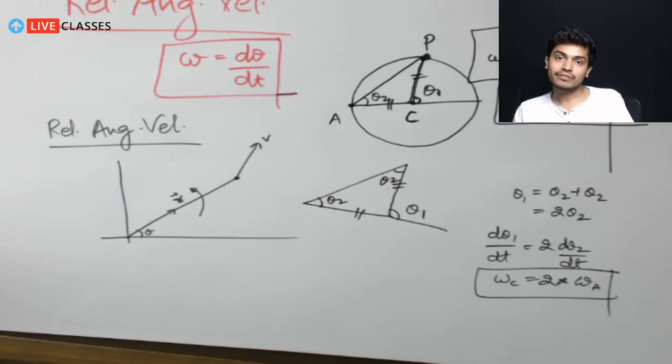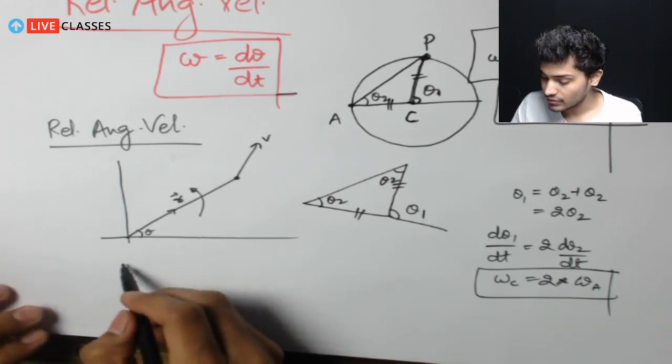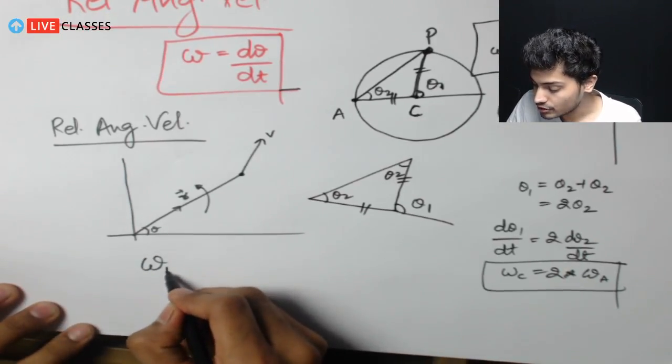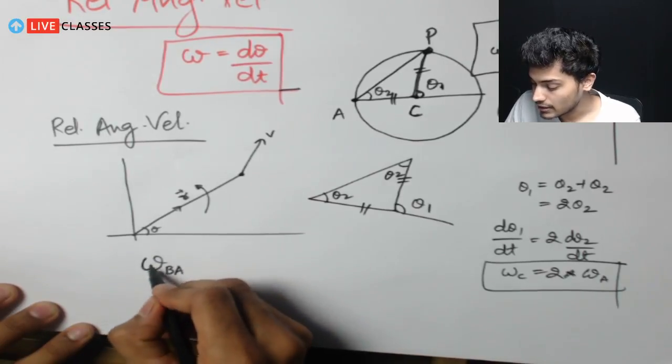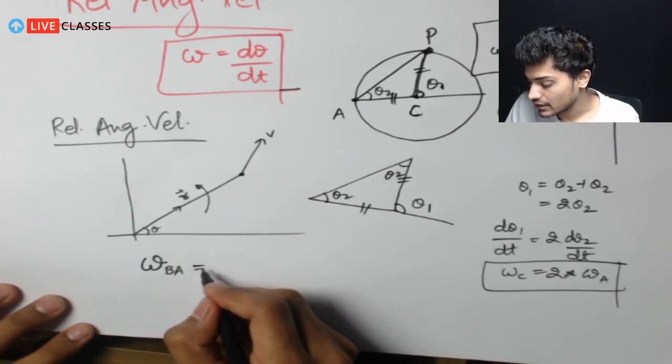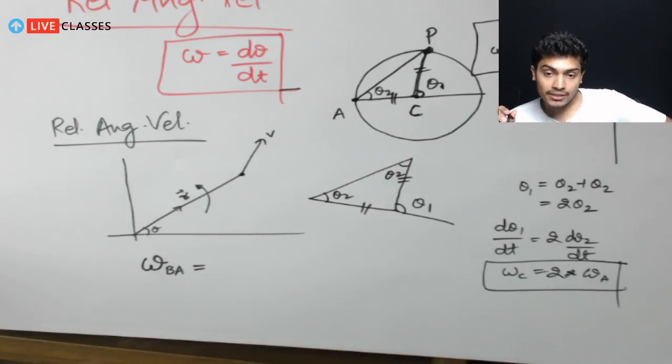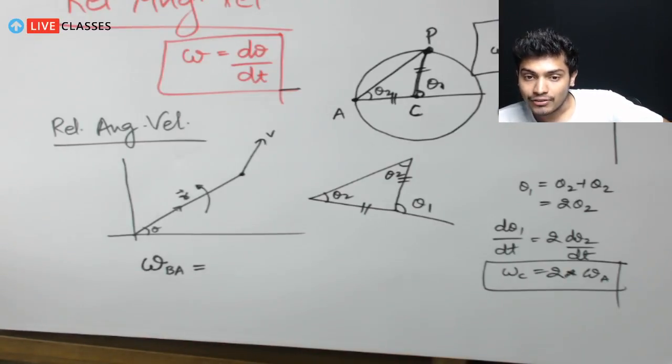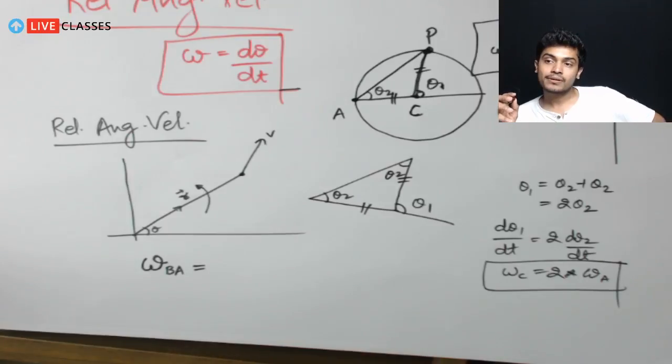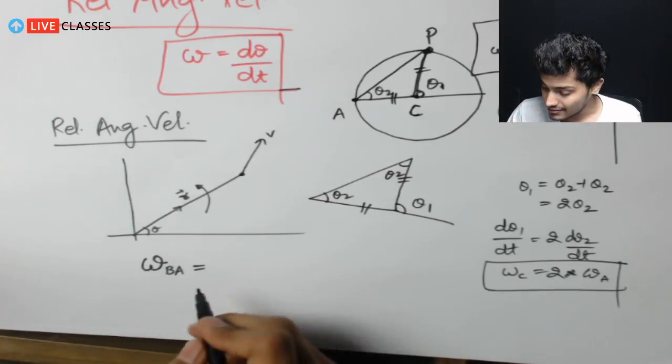So in a similar way we define relative angular velocity. For example, we have to define the relative angular velocity of B with respect to A. Then we can say it's nothing but the rate of change of the angular position vector of point B with respect to point A, right?